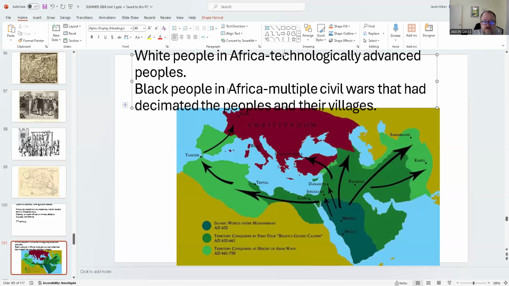And so this part of Africa where the Arab conquest began brushing up against Black Africans had pretty much been laid waste.